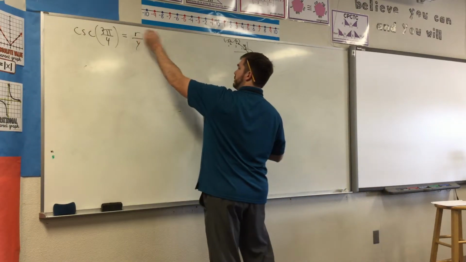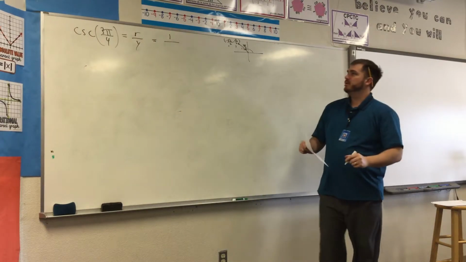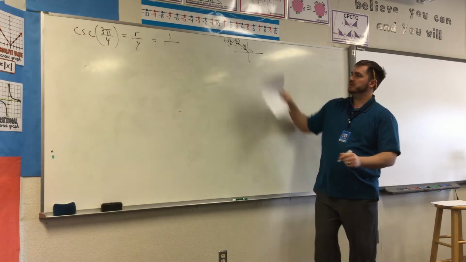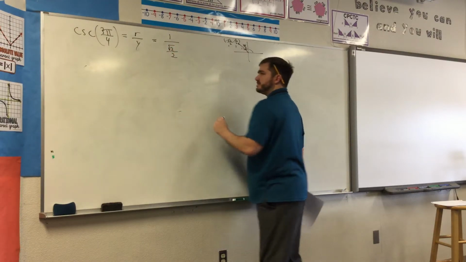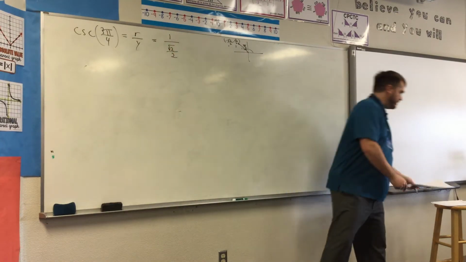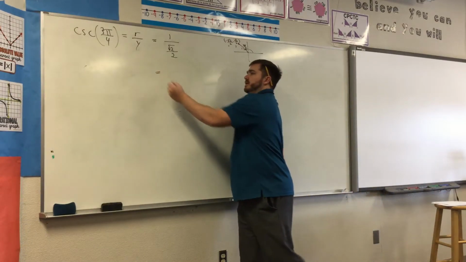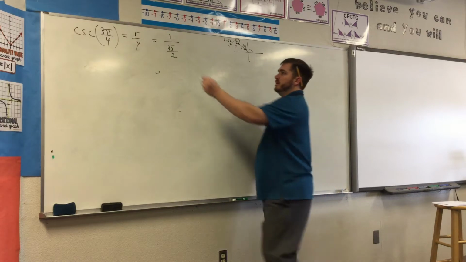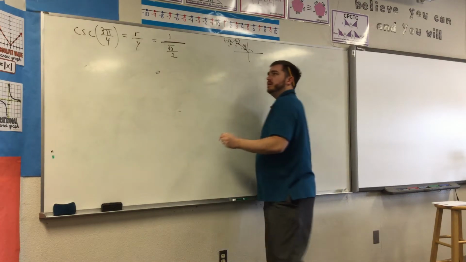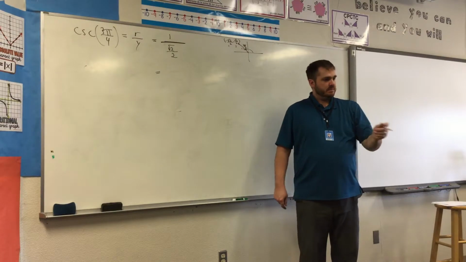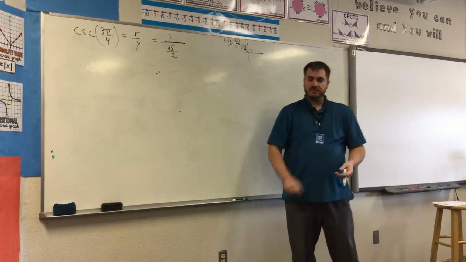R, so now I'm going to plug it in. R is 1. Y, square root 2 over 2. Fraction math. If it helps, always draw a really, really big, thick bar there and keep your work nice and neat. Otherwise, you'll forget where the fraction is.